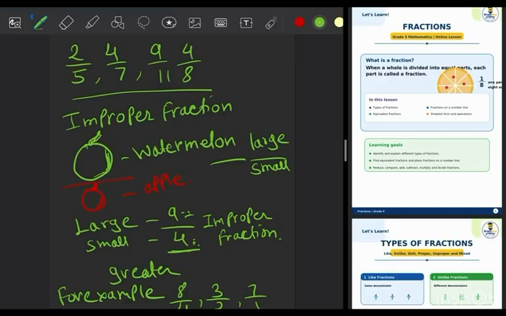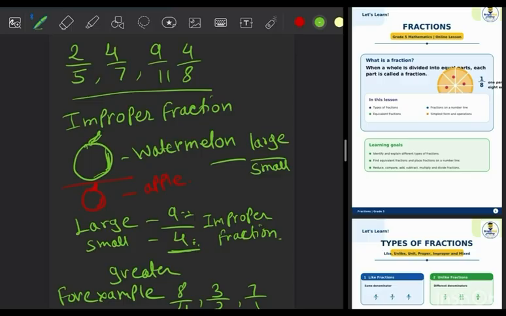Here the denominators are small and the numerators are larger numbers, right? So these are called improper fractions. All these are improper fractions because their numerator is greater than their denominator.